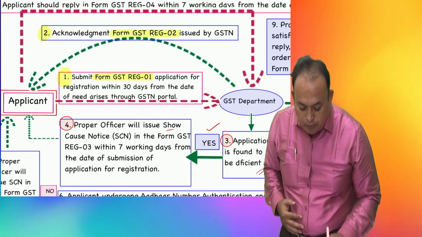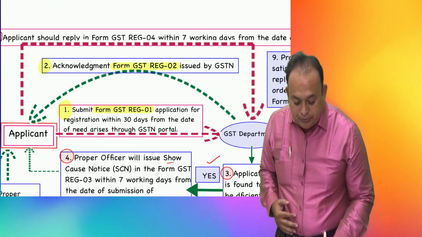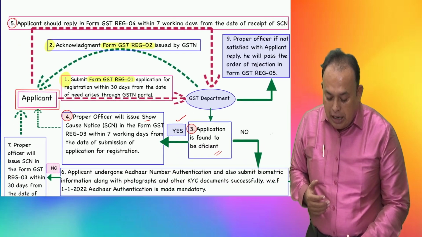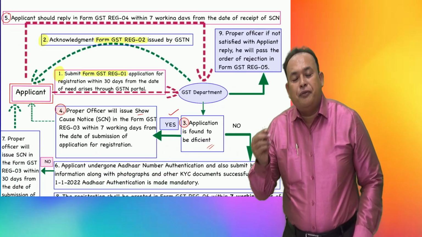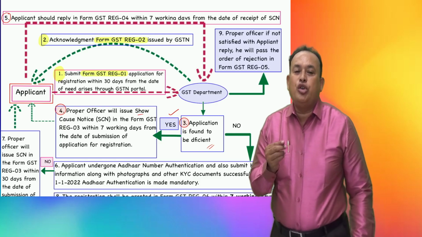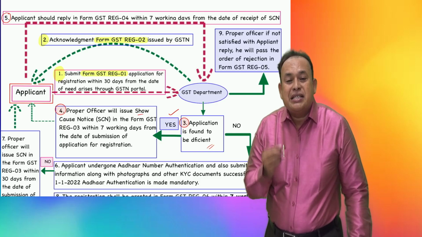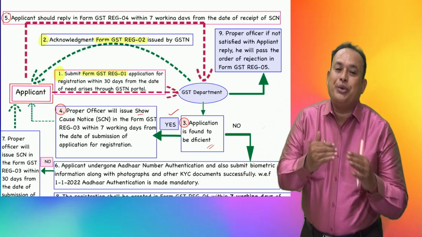Here, step 5 comes into picture, wherein the applicant should reply in the form GST REG 04 within 7 working days from the date of receipt of the show cause notice.